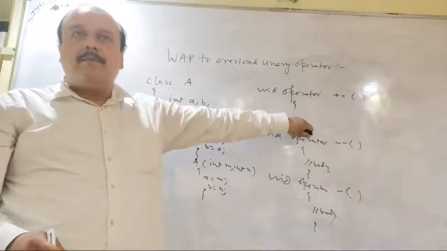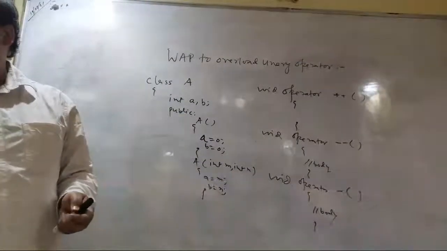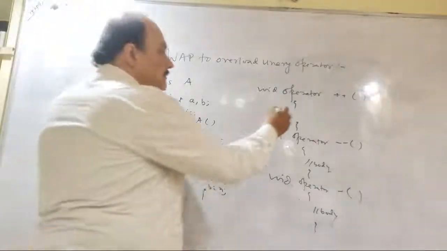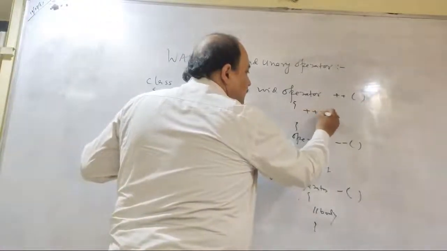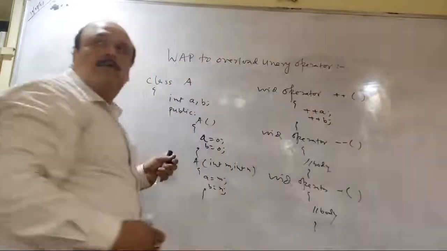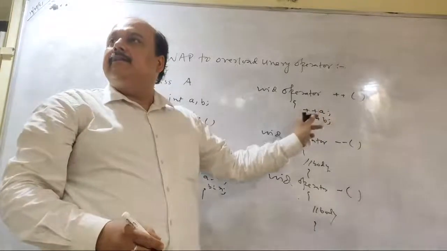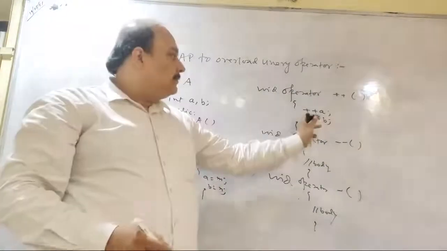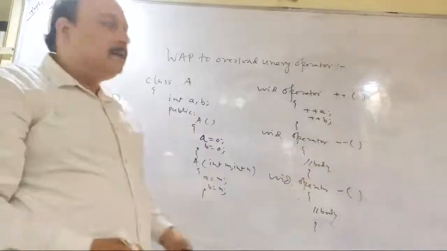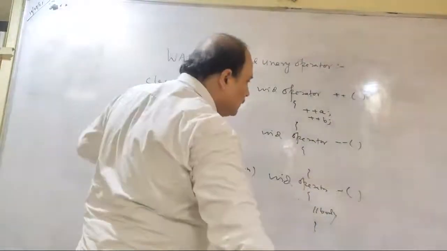So what type of body do we have to generate here? We have to generate plus plus A and plus plus B, because we have only two data members. When we write plus plus A, A is incremented by a factor of 1, and B is incremented by a factor of 1. We do the same in the minus minus case also.